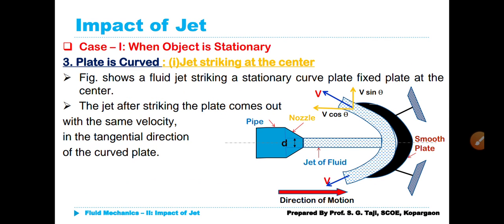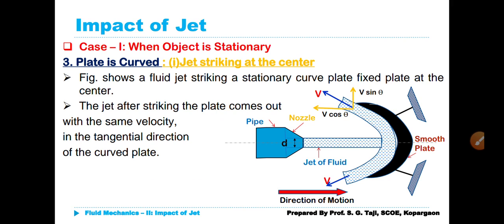Today in this class, we will try to get the equation or derivation for a curved plate when it is stationary. First we will complete all the types of vanes and subcases for stationary, and then we will move on to the moving plate, so that it will be easy to understand. The third one is where the plate is curved.